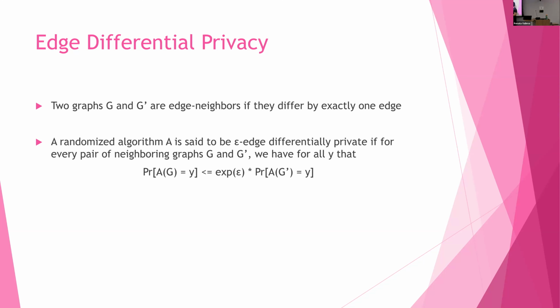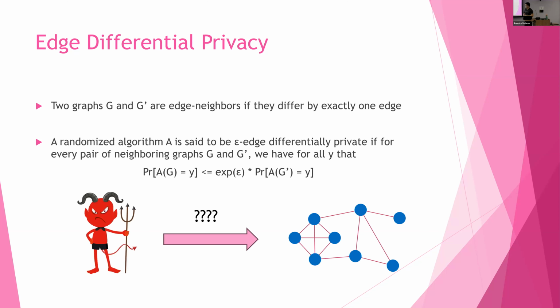The probability distribution when the algorithm is run on G and the probability distribution when the algorithm is run on G prime are similar up to this 1 plus epsilon factor. And that's what differential privacy guarantees. To give some intuition for why that's a nice privacy guarantee, consider an adversary that's looking at the output of the algorithm.